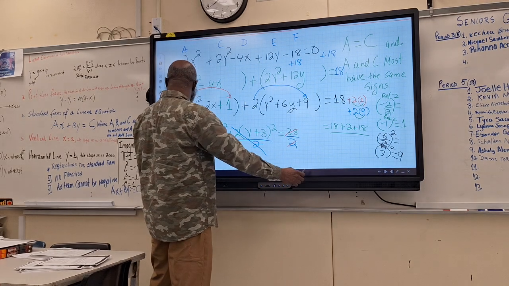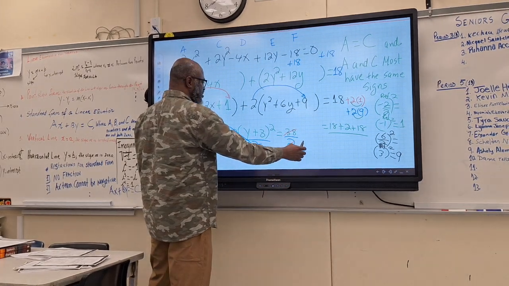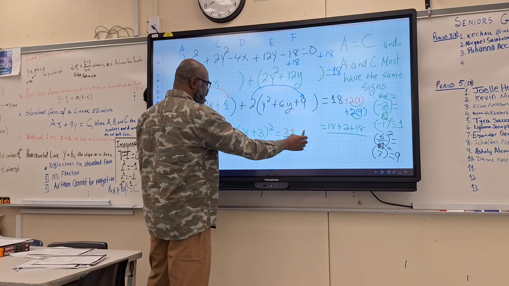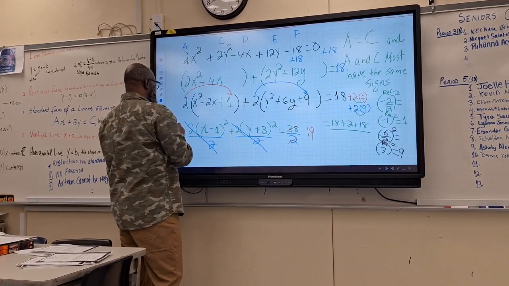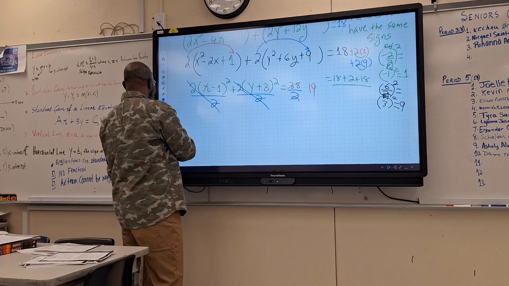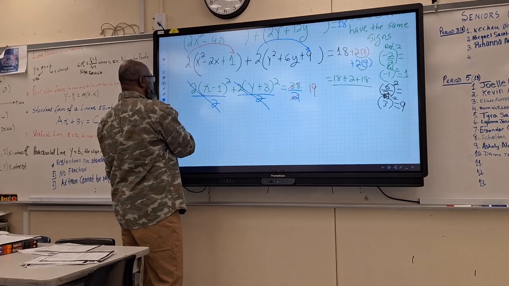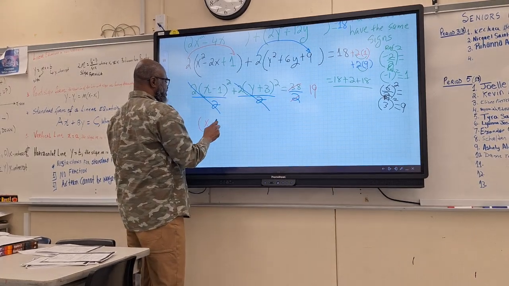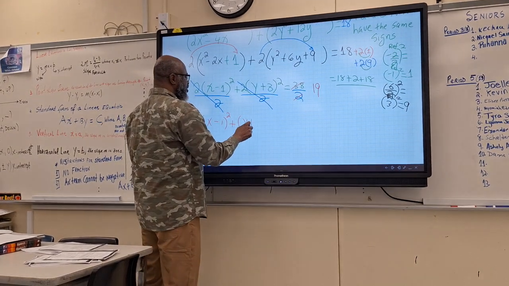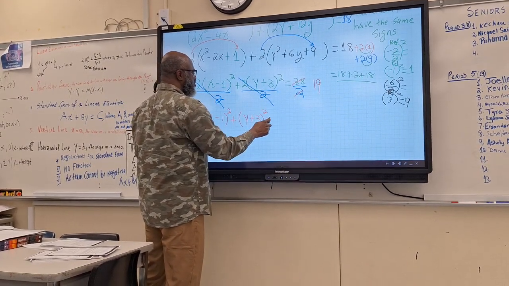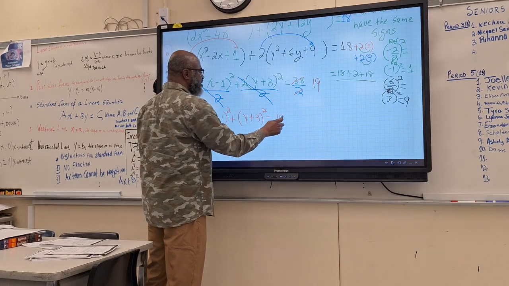Anybody? 19. So I'm going to simplify my equation to make it nicer. So I will end up with x minus 1 squared plus y plus 3 squared is equal to 19.